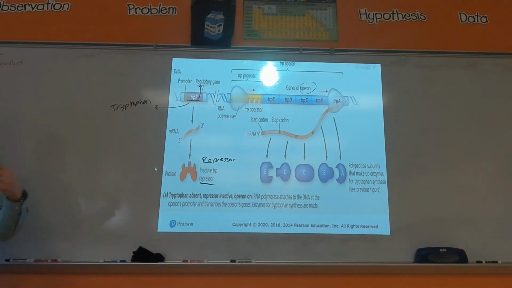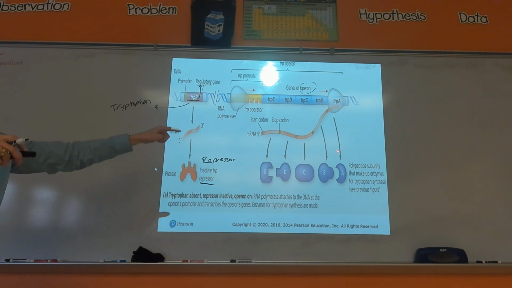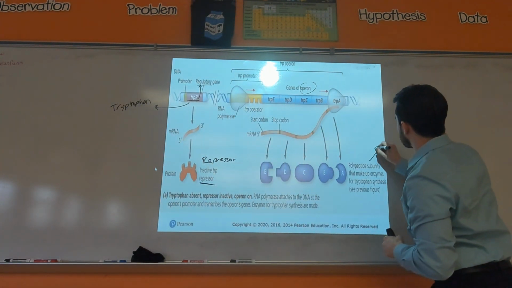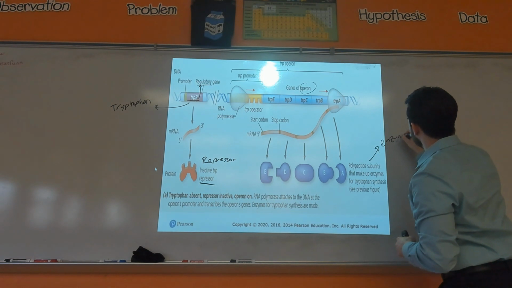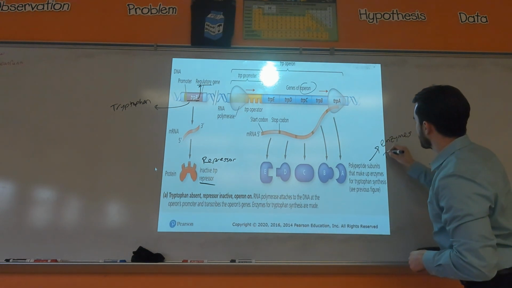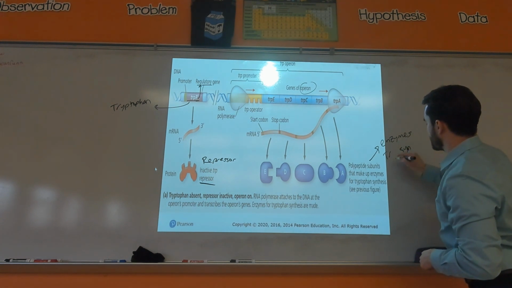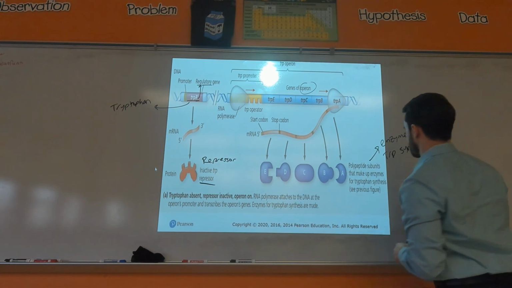An operon is a collection of genes. So all of these genes, TRPE, TRPD, TRPC, TRPB, TRPA, all of these polypeptides, all these proteins, make up enzymes that we need for tryptophan synthesis. I'll keep the same abbreviation, TRP synthesis.